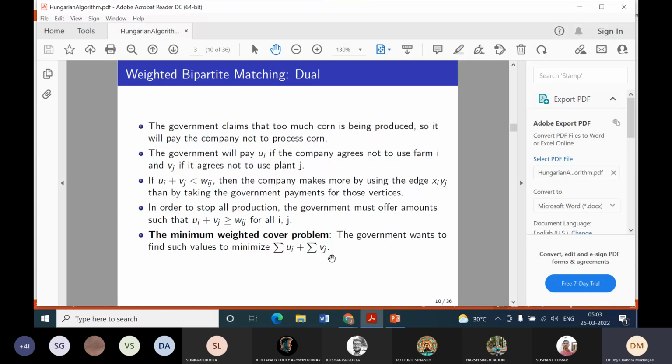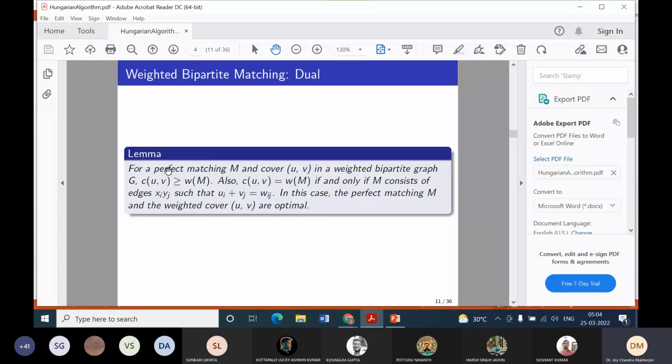And optimal happens here. For a perfect matching M and cover UV in a weighted bipartite graph, C(U,V) means cost of the cover. That is 12 in this case, in this example. Cost of the cover is always greater than or equal to weight of the matching. Okay.